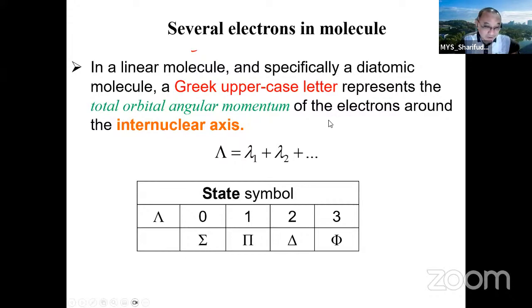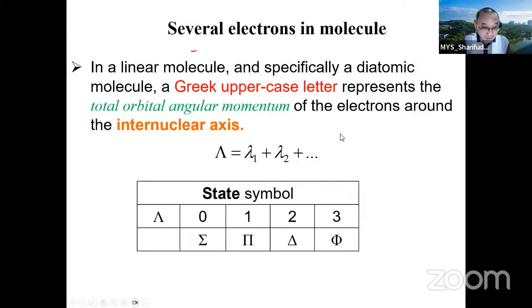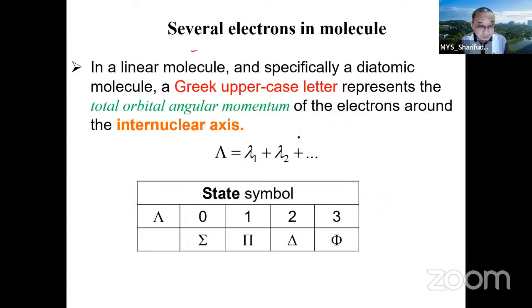So the symbols will be different. Rather than using L1 and L2 for electrons in the atoms, we use lambda 1 and lambda 2 for electrons in the molecular orbital.